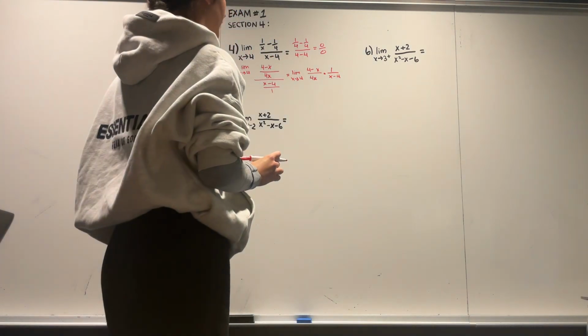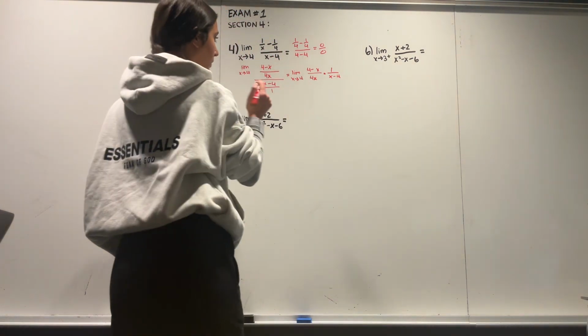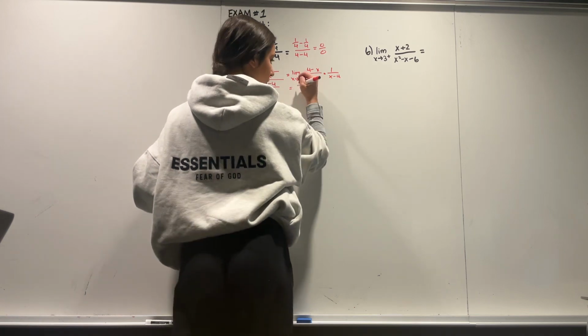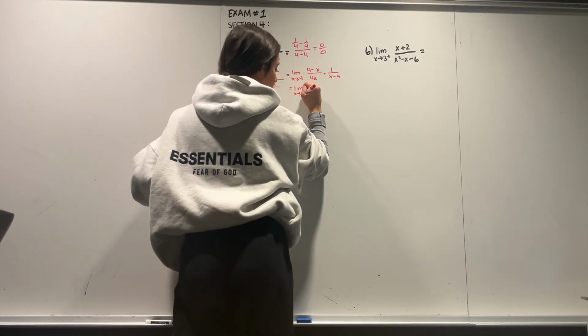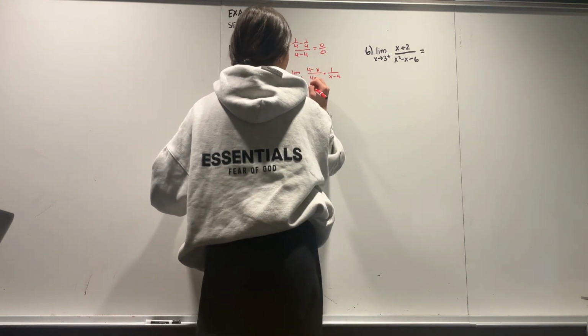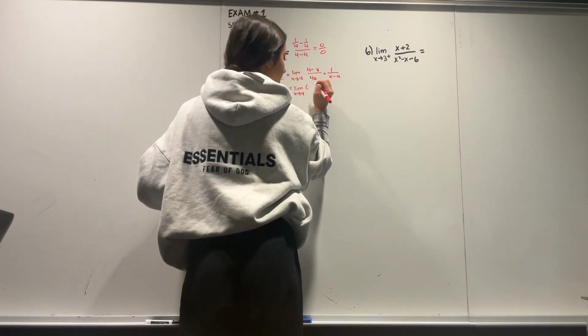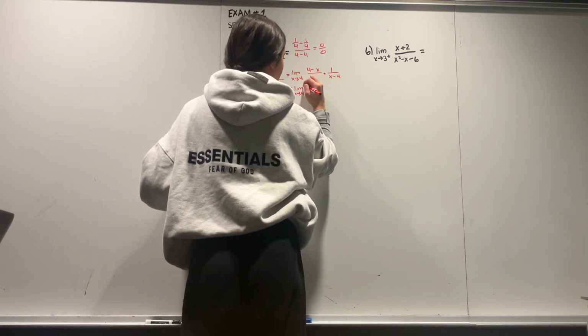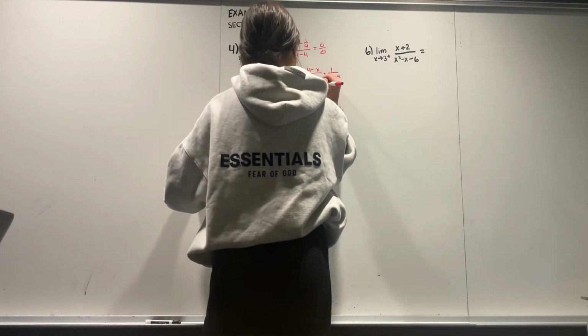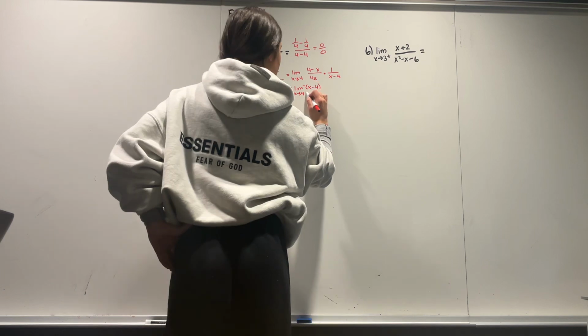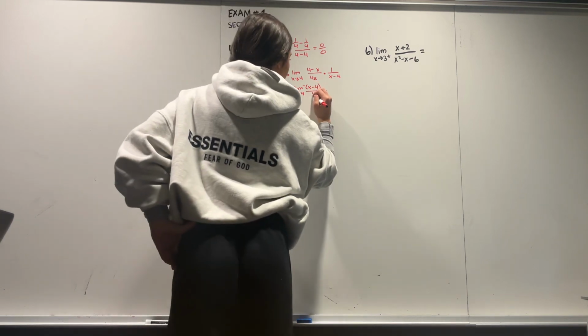And then from there, you're going to carry the limit again, and you're going to start to simplify as x approaches 4, and you're going to get a negative x minus 4, and then that's going to be over 4x.